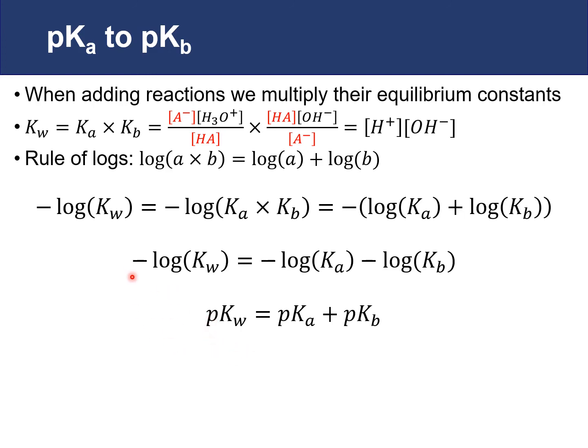So the pKw is the negative log of Kw, pKa is the negative log of Ka, and pKb is the negative log of Kb. So our relationship that relates all these terms together is the pKw is equal to the pKa plus the pKb. Now that works only for the conjugate acid-base pairs, right? So this would be the pKa of the acid dissociating plus the pKb of the conjugate base coming back to the acidic form. The summation of those two values is equal to your pKw.